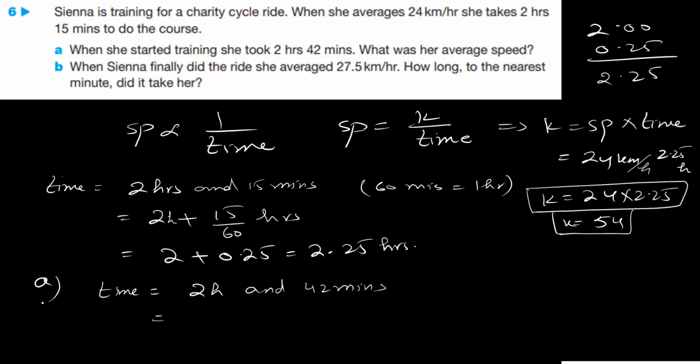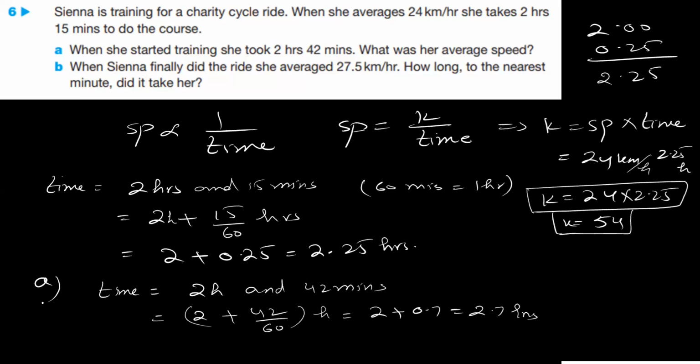It will be 2 plus 42 divided by 60 as we did before, so this all becomes that many hours. So 2 plus 42 divided by 60, when you divide it, you get 0.7. As per previous practice, we add 2 and 0.7, we get 2.7 hours.